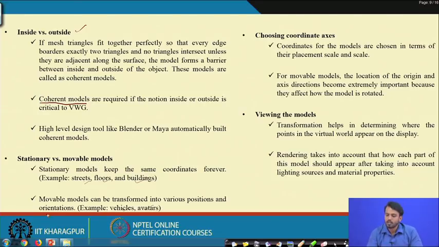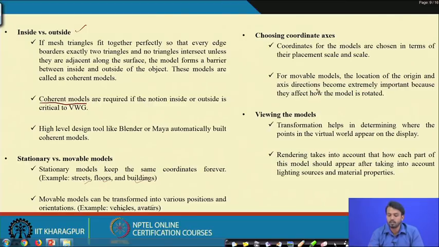Similarly, there is the choosing of coordinate axes. Coordinate axes for the models are chosen in terms of their placement and scaling. For movable models, the location of the origin and axis direction becomes extremely important because they affect how the model is rotated.